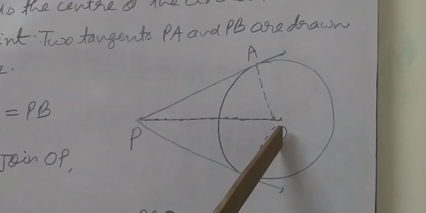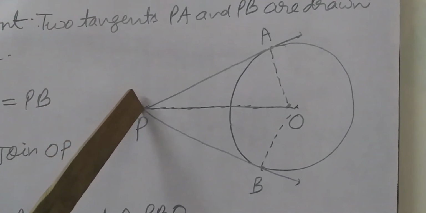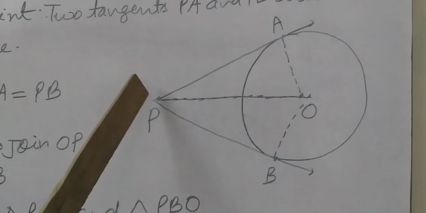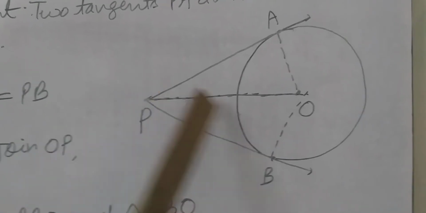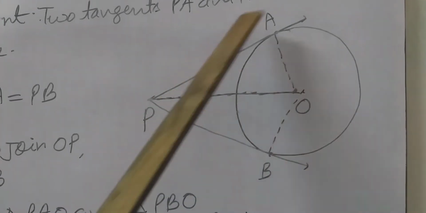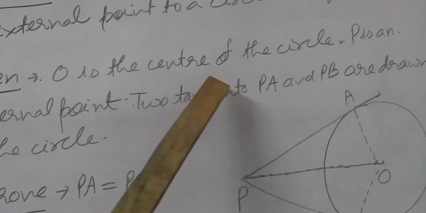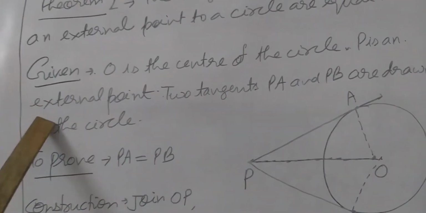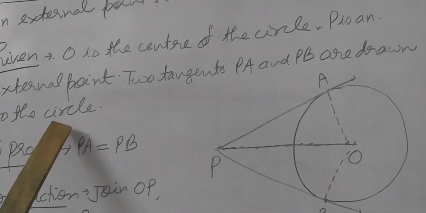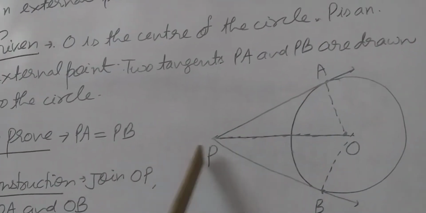O is the center of the circle, P is an external point, and two tangents PA and PB are drawn from P to the circle, and we have to prove that PA equals PB.